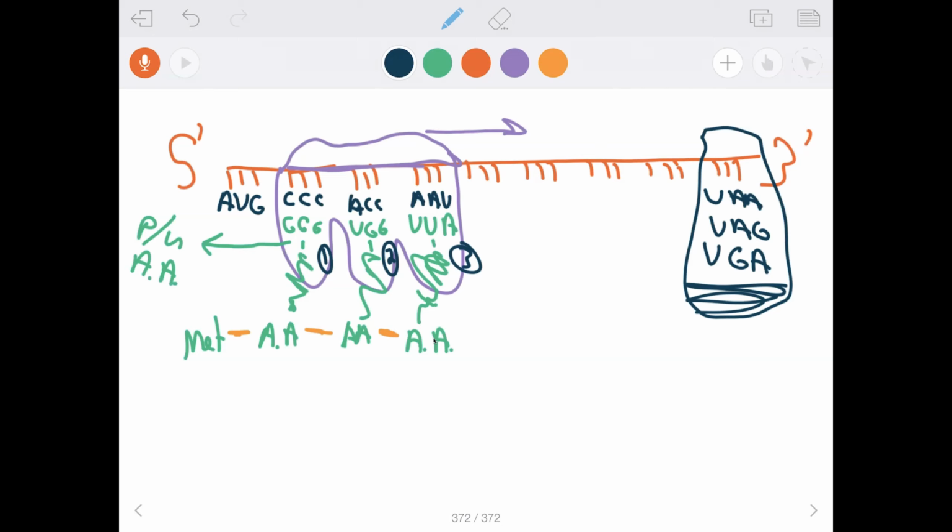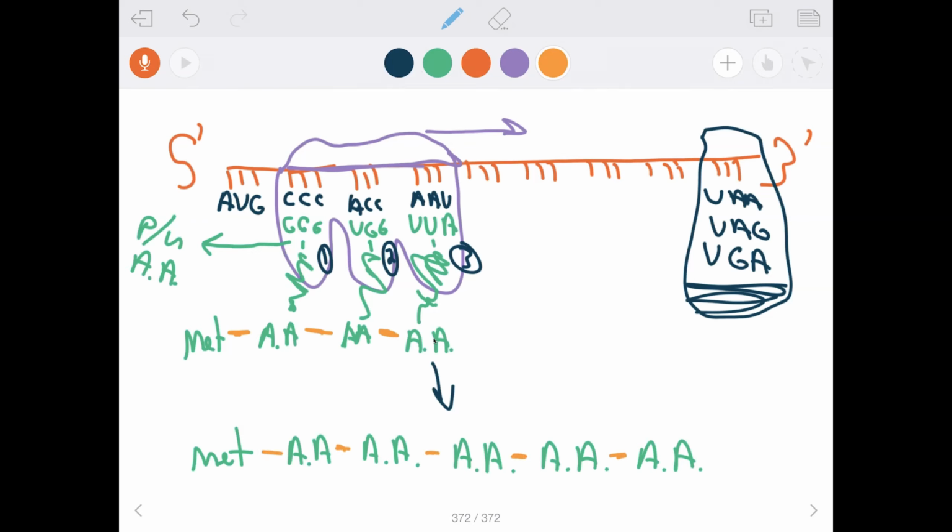Now this could be 50 amino acids, could be 500, could be 5,000. It really depends upon how long the gene is. So what you end up with, your product, is methionine, and then a bunch of amino acids put together in a chain and covalently bound.